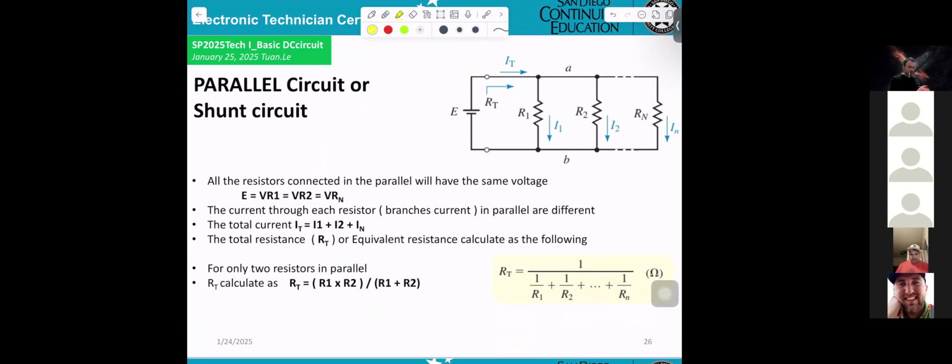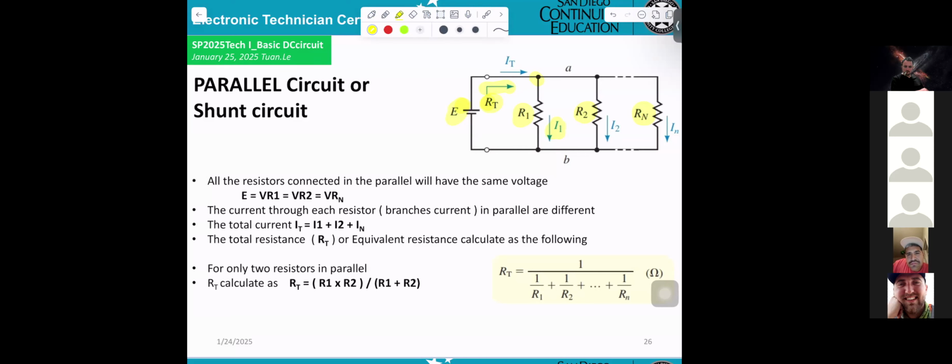You can see this is the power source here, connected to R1, R2, Rn. We don't care how many. So the total current I, when it goes into this point, you can see one current goes here.